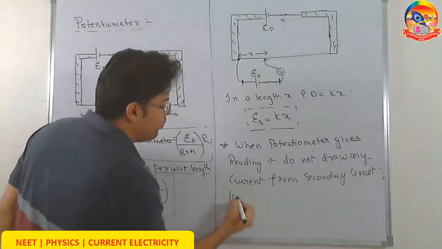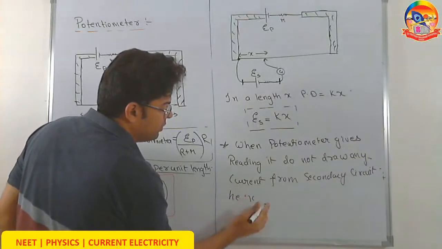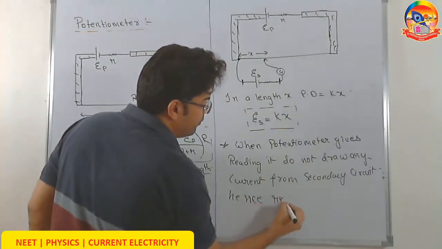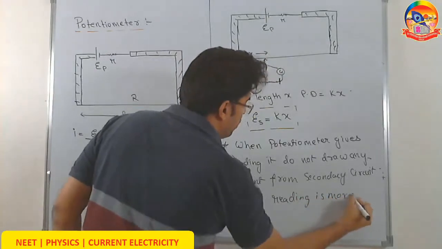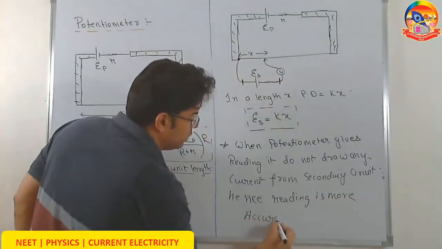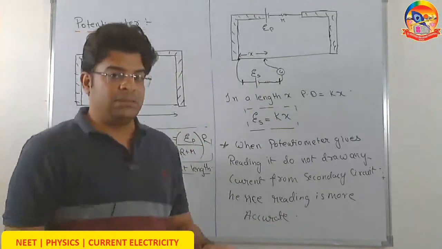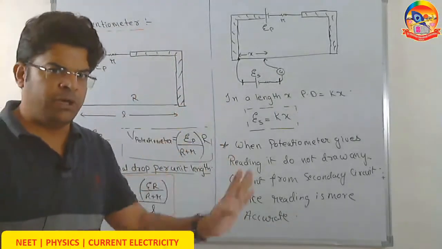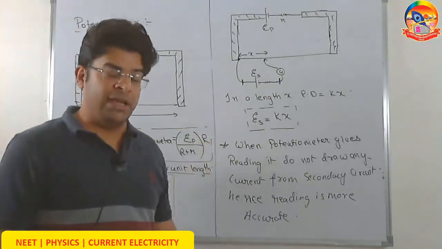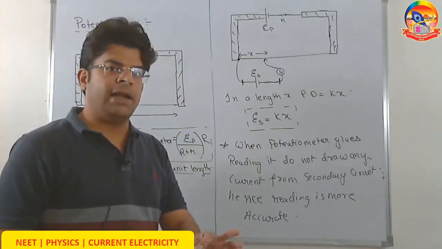Hence readings are more accurate. So remember this. This is asked many a time. Why is a potentiometer a more accurate device than a voltmeter? Because when a potentiometer gives a reading, it does not draw any current from the circuit.